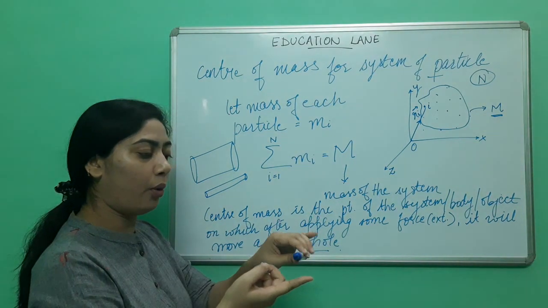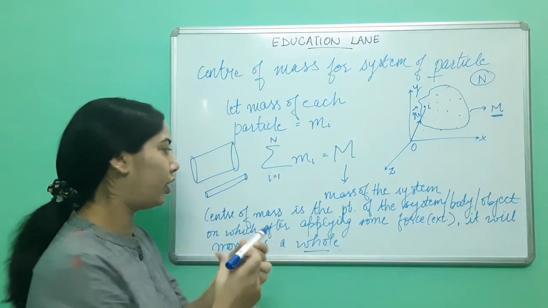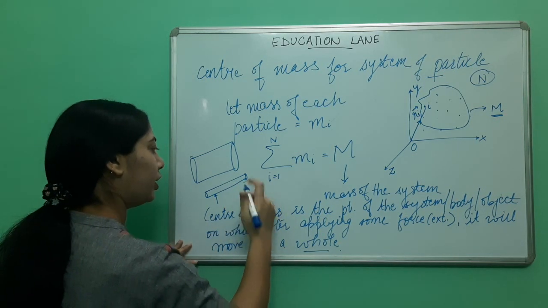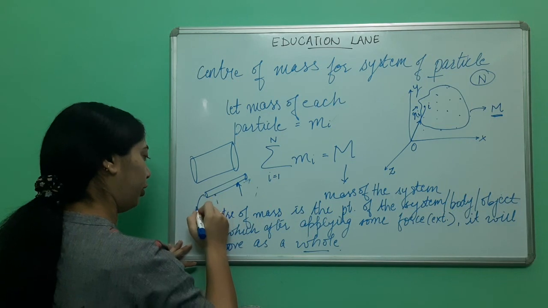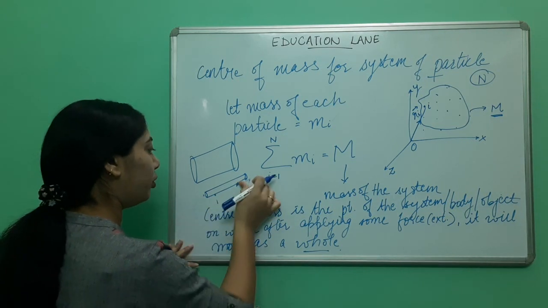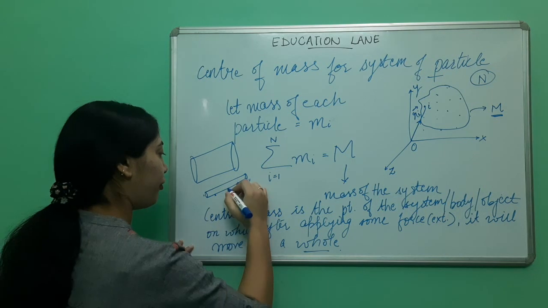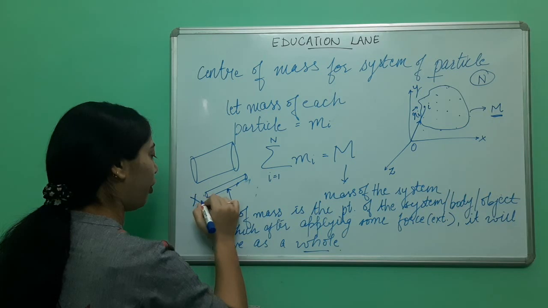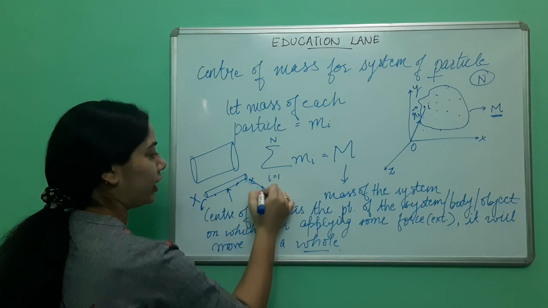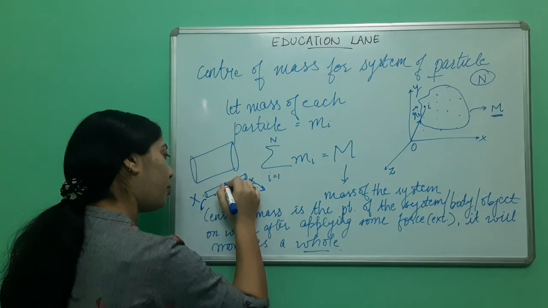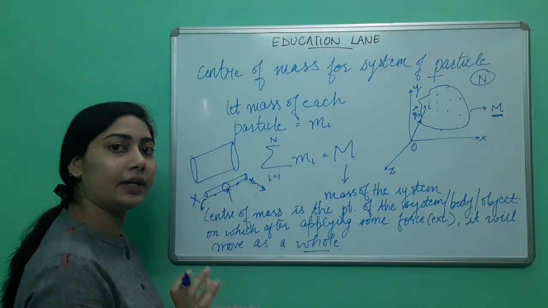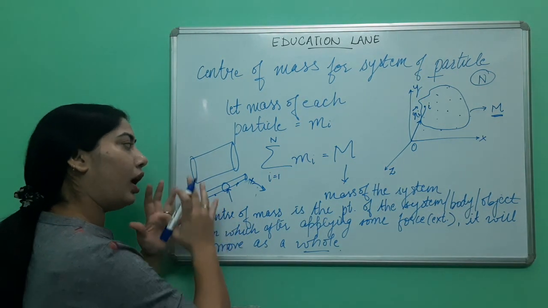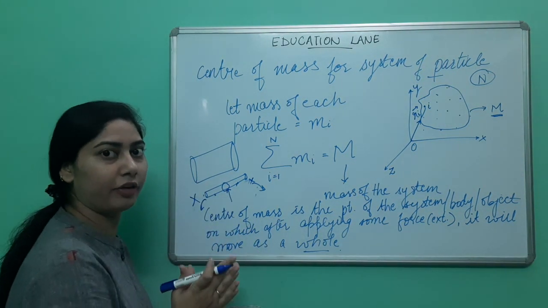If you hold it from this point, it will fall down this side. But if you hold it or stand it from somewhere around the center position, it will not fall down in either direction. So this point is known as the center of mass of any object. Similarly, for other objects, you can find the center of mass.